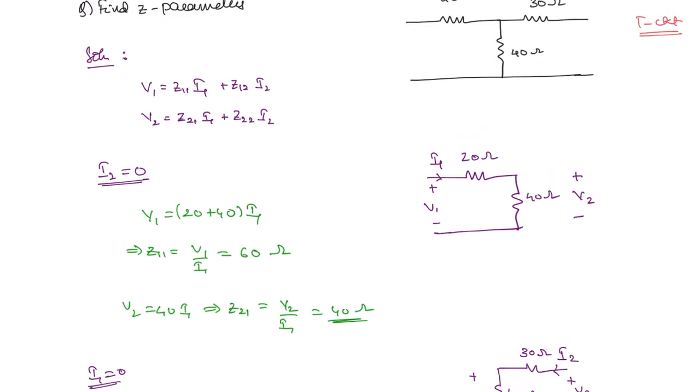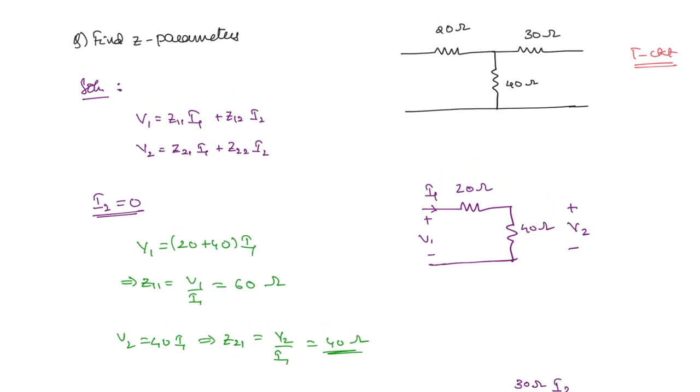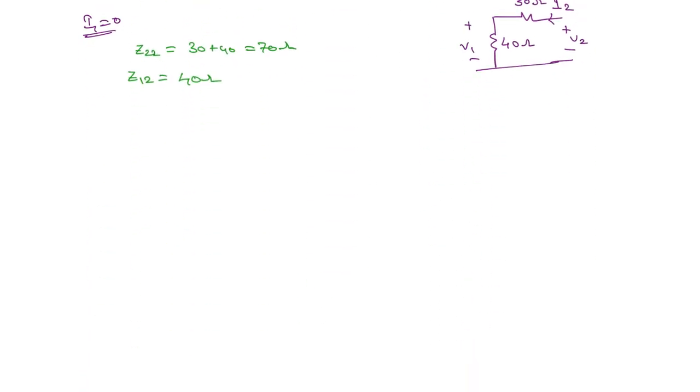Whenever a T circuit is given, the Z parameters you can directly write. What is it you can write? Z11 will be 20 plus 40, Z22 will be 30 plus 40, and what about the transfer impedances? Simply this 40 ohms.